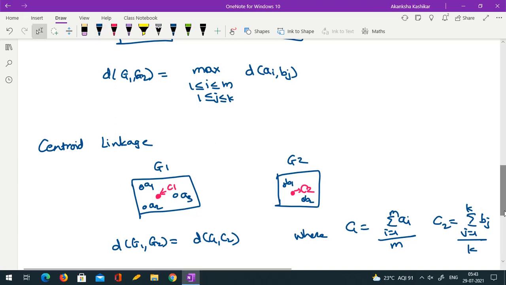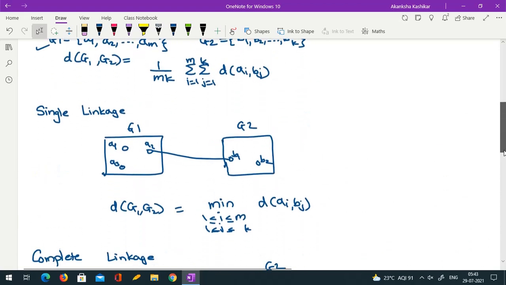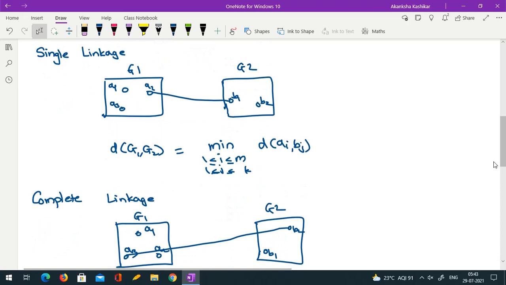Now these are 4 linkage methods, but of course these are not the only ones. You can propose any number of modifications. So instead of taking simple average, you could take median of all possible distances. That could be median linkage. Then instead of taking centroid as a mean, you could take centroid as a median and then compute distance. That is also possible.